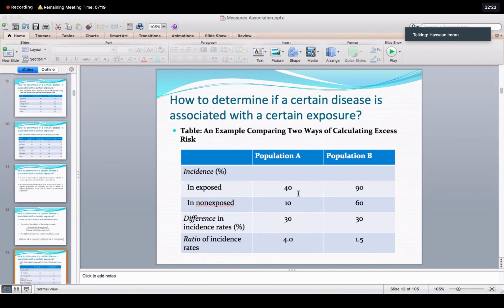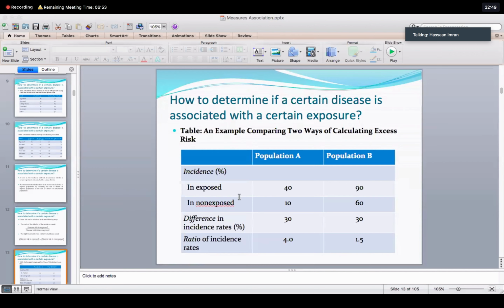So this means 40% in exposed and 10% among non-exposed in population A, this is the status. And in population B, 90 among exposed, say for example, if we are looking at excess risk among exposed, and 60 is the number among non-exposed.